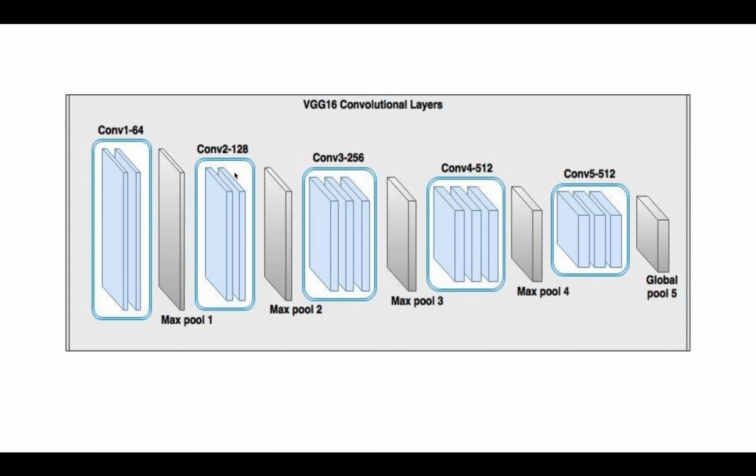Then another block of two CNN and max pooling, then three CNN and max pooling, then three again and max pooling, and so on. Finally they can use fully connected layers. The theory behind it is that for extracting a good feature map, they continuously use two convolution layers and then a max pooling layer.